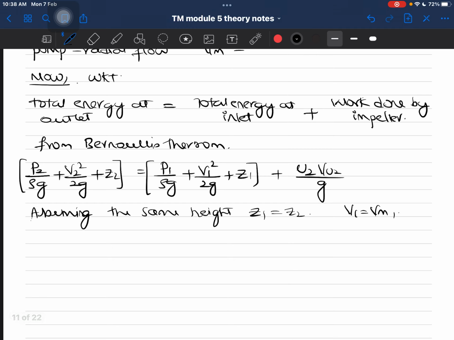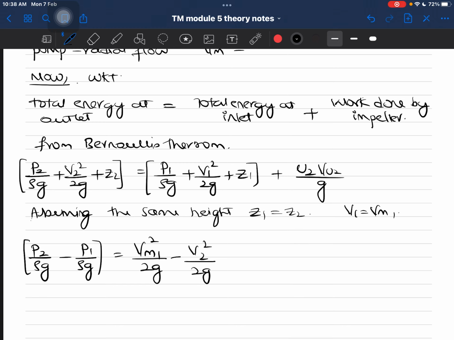P2 divided by rho g, I will bring the other one to the LHS, that would be minus P1 divided by rho g. That would be equal to Vm1 square divided by 2g minus V2 square divided by 2g.